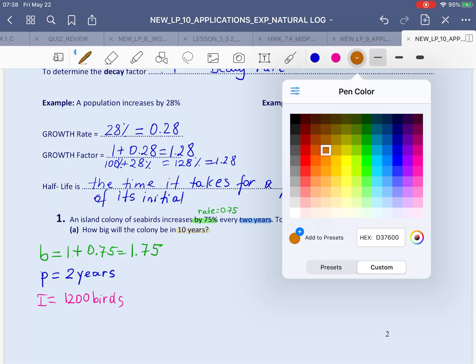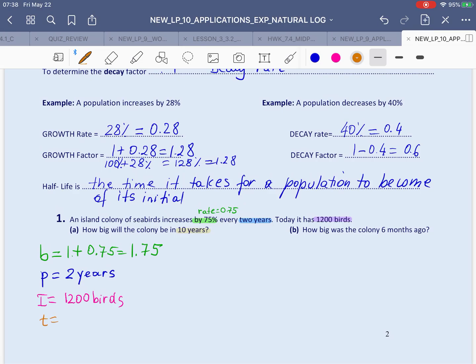We can look at it that way, right? So that would be the total time. Okay, and we need to know the final number of birds, right? The number after so many years.